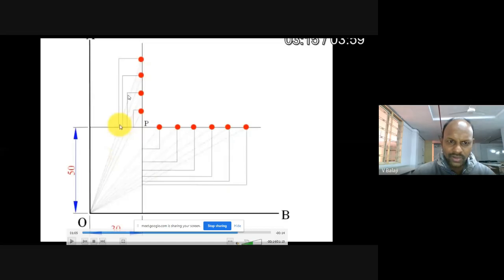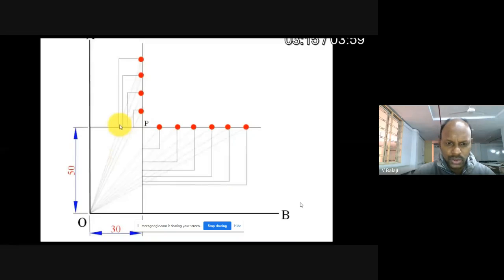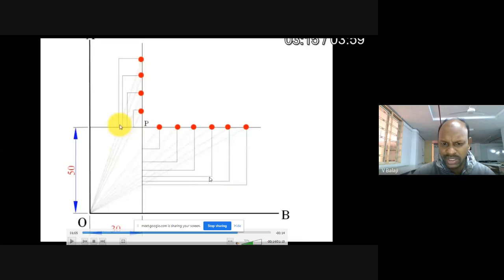In this way you can find four more points. Now you can use an HB pencil passing through all these points. You can simply draw one smooth line freehand in a single stroke. Don't draw two or three times. Draw in a single stroke with the HB pencil passing through P. Name these intersection points P1, P2, P3, P4.